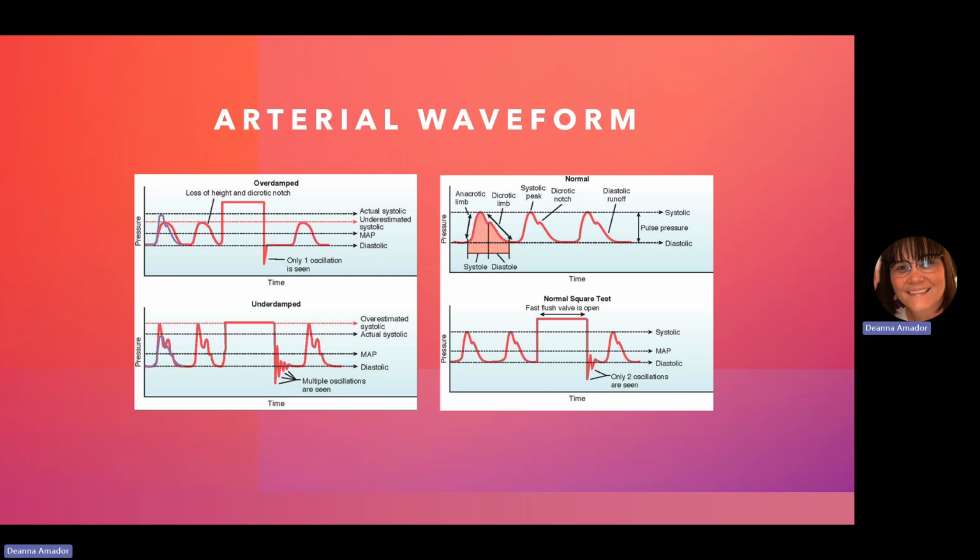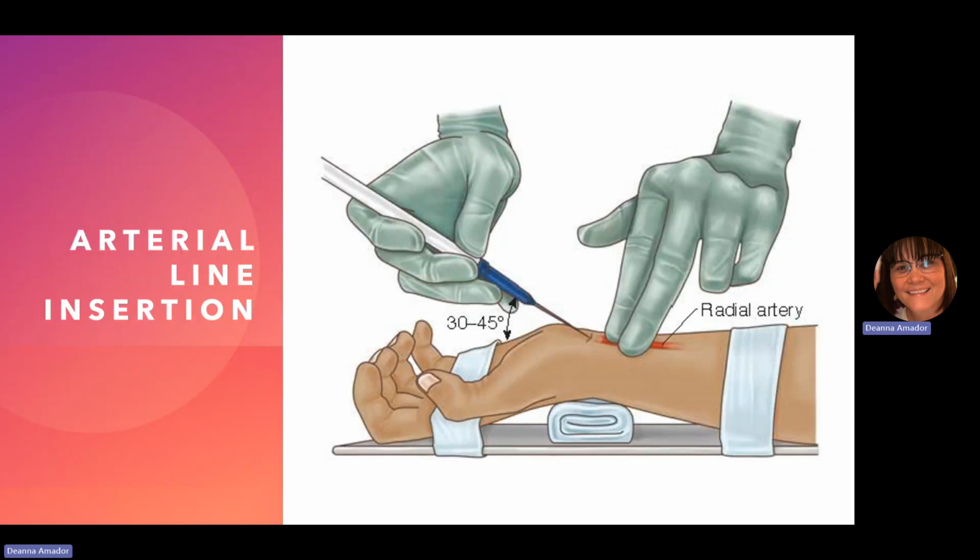If it was greater than 3 seconds, then I would know that there was not good perfusion going to my fingers. If I am checking capillary refill on these nail beds and I have it greater than 3 seconds, then that's decreased perfusion, and that could lead to problems with their fingers.